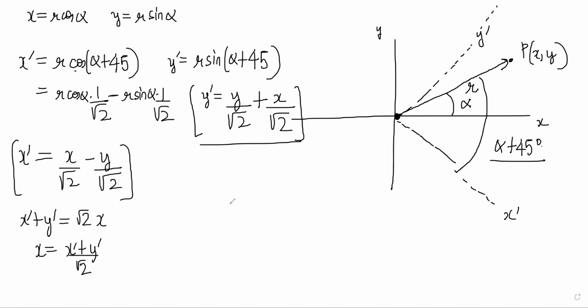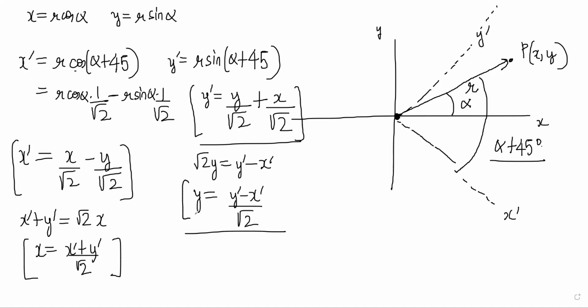And if I subtract these equations, I get root 2y is equal to y dash minus x dash. So y is equal to y dash minus x dash by root 2. These are my old coordinates in terms of new coordinates. So basically xy has become x dash y dash now.